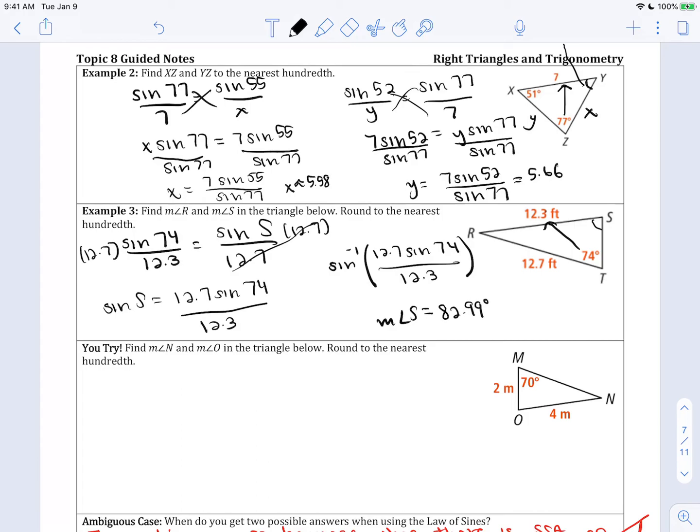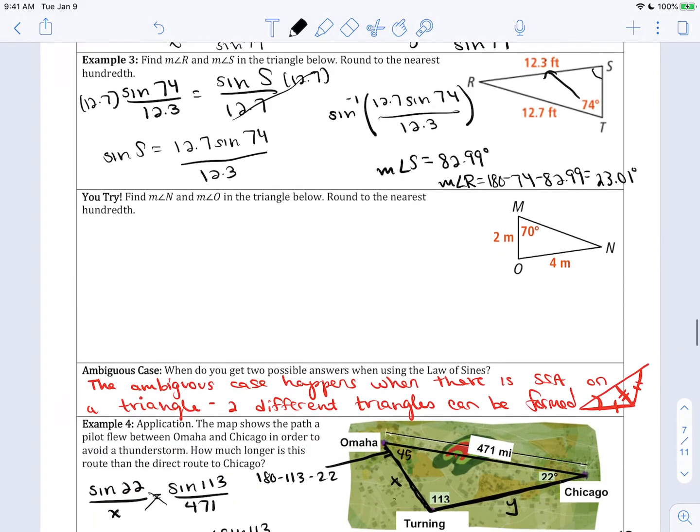Right? That's S. Well, once I know S, finding R is really easy. Measure of angle R is going to be 180 minus 74 minus 82.99. And I'm left with 23.01 degrees. Awesome. Why don't you guys try this next one?